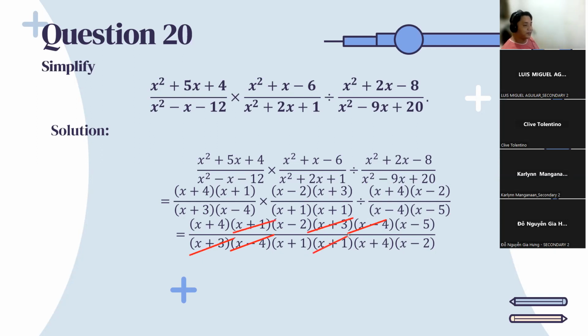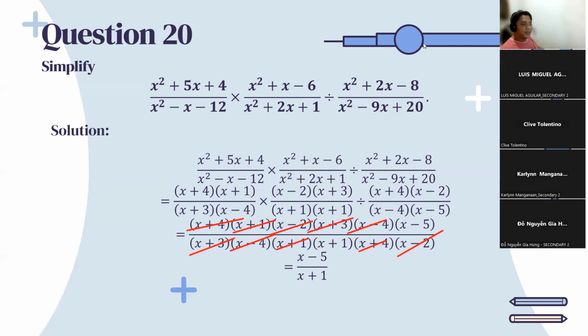So you have this one. Oh no, I think I might have to choose this one. Yeah. x plus 4 and x minus 2. And then as you can see, we will be left with x minus 5 divided by x plus 1. So that is the answer for number 20. x minus 5 divided by x plus 1.